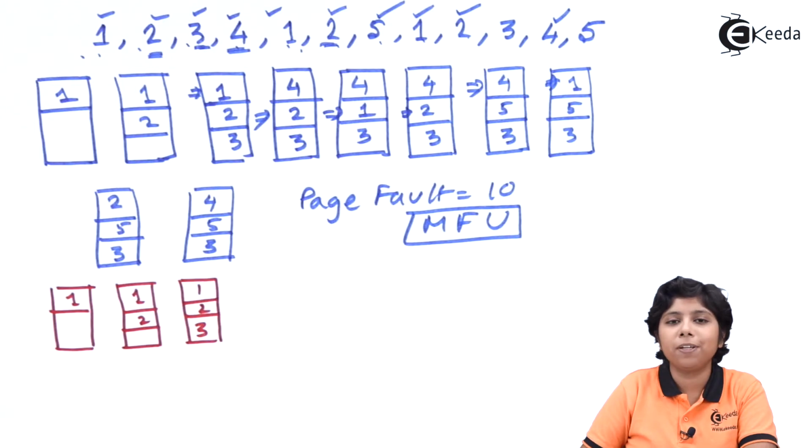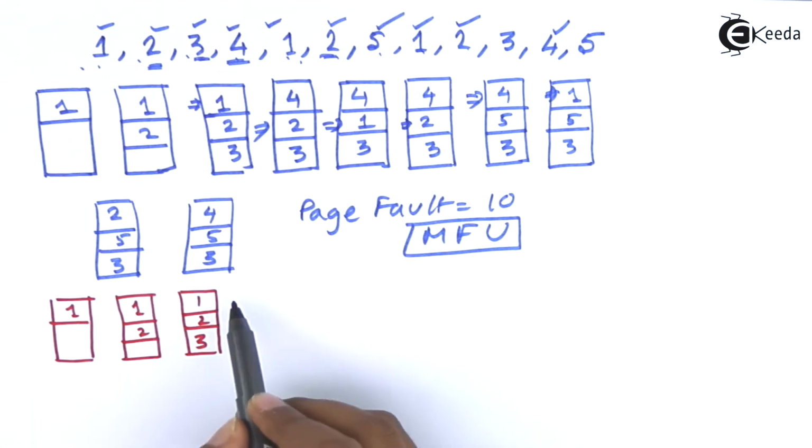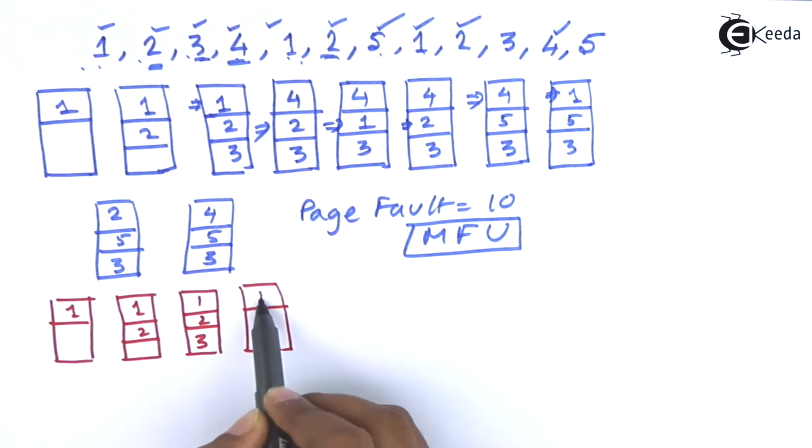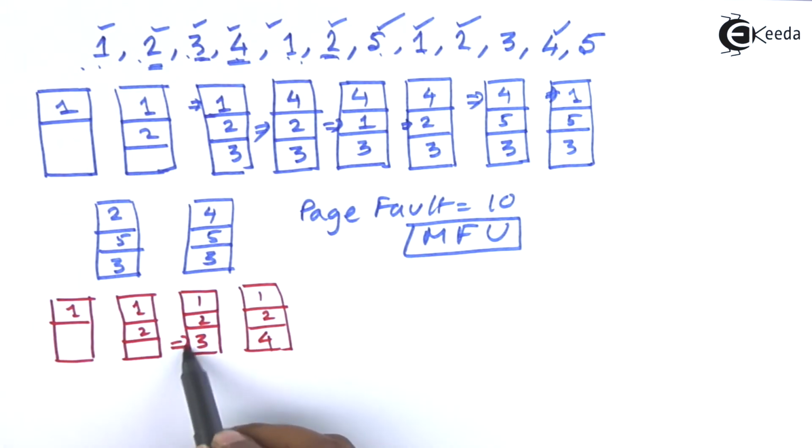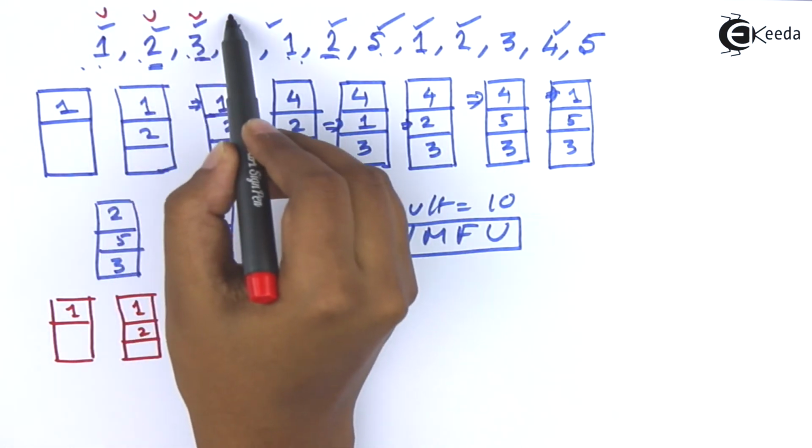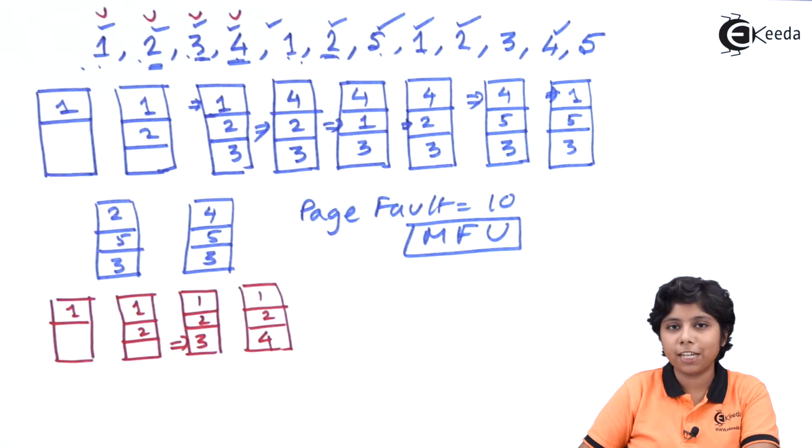So 1, 2 and 3 are causing page faults. Now we are coming with 4. So 1, 2 and 3: 3 is the one that is least frequently used because the frequencies of 1, 2 and 3 are all the same, and 3 is the newest one, so we will choose 3. Now again 1 is coming and 1 is present, so it will not cause a page fault.